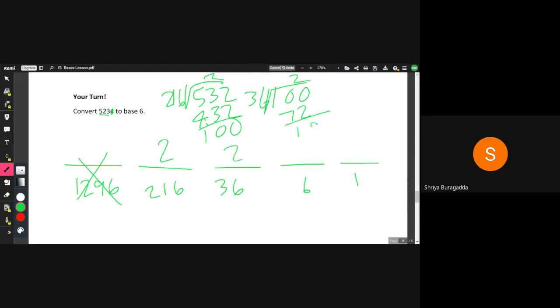And now we're left with 28. And we divide this by 6. This goes in there 4 times. And then you're left with 4 to go into that 4 times. So the answer for 523 is 2244.